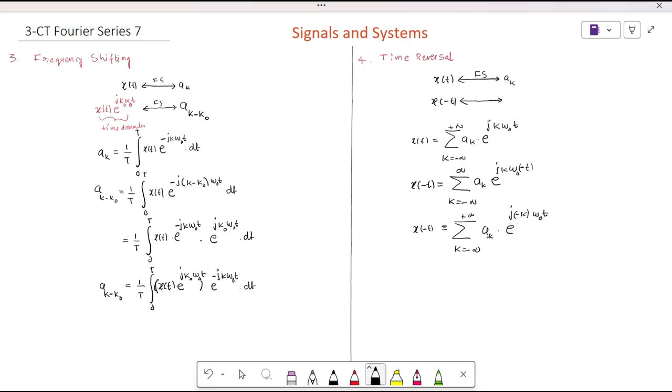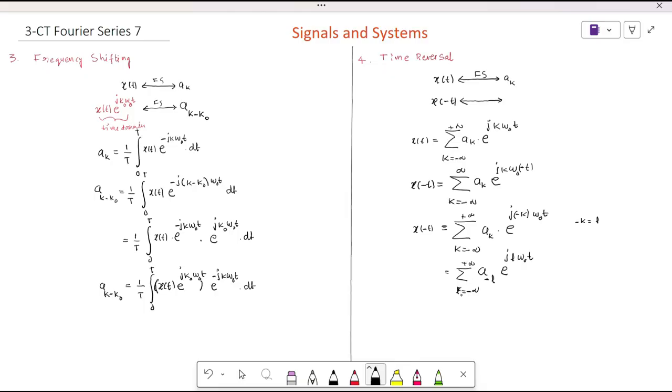Now I am changing this sign. Otherwise, you can assume minus k equal to some variable L. There is no change in the limits, minus infinity to plus infinity, so k equal to minus L, and e power jL omega naught into t.